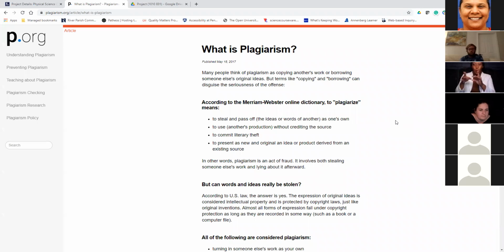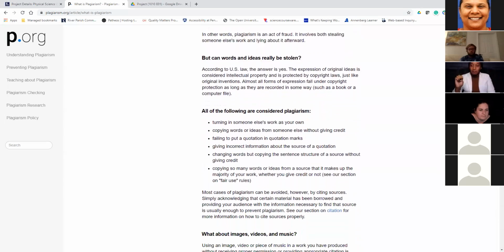But here's the other thing that gets students in trouble, okay? So like, you see what it says here? Changing words, but copying the sentence structure of a source without giving credit. Or giving incorrect information about where you got your information.